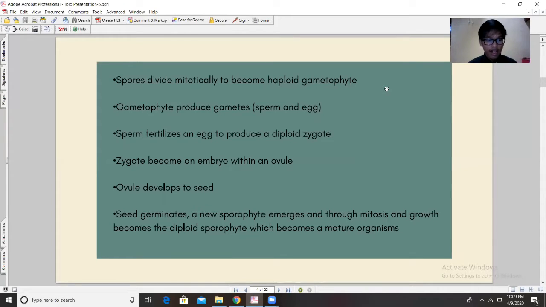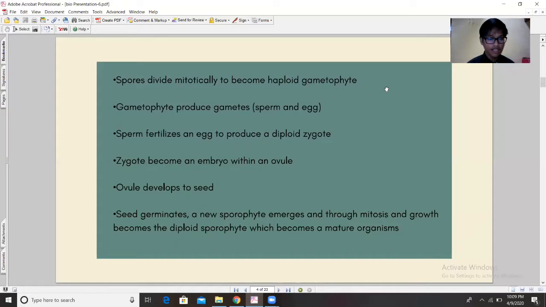The haploid megaspore will undergo mitosis and become the female gametophyte, which is the embryo sac. This embryo sac is within the ovule that is within an ovary.